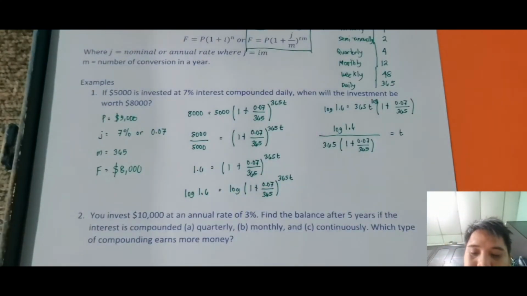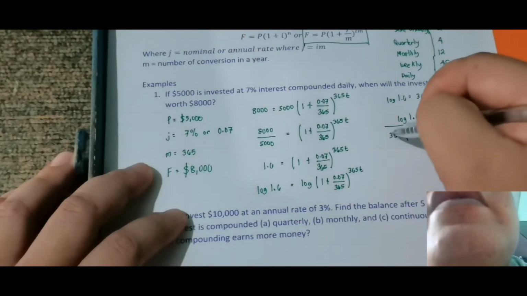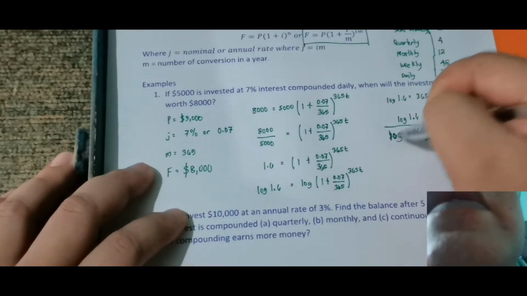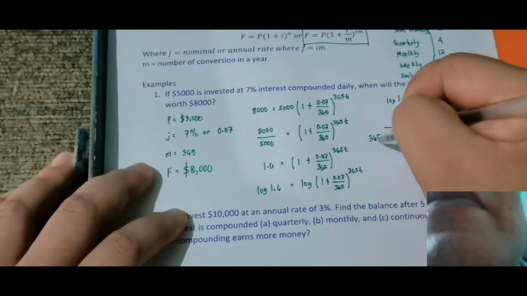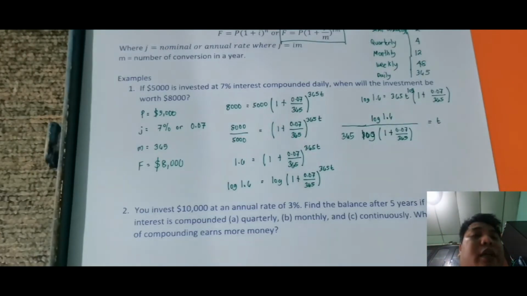So check ko lang sa calculator. So this is common logarithm base 10 ng 1.6 all over 365 times logarithm of 1 plus 0.07 all over 365. Nakakalimutan ko yung logarithm, sorry. So baka makalimutan natin guys ha.